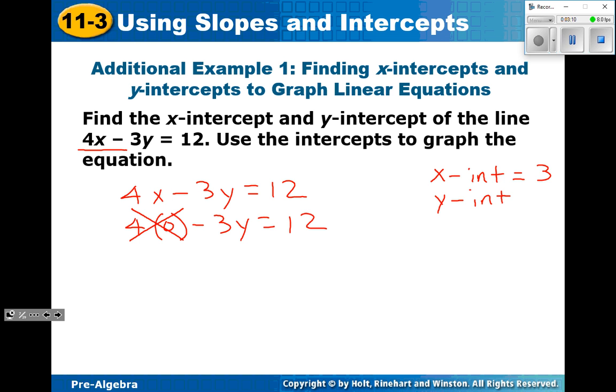Don't forget about the negative. So we've got negative 3y equals 12. Divide both sides by negative 3, and we've got y equals negative 4. So the y-intercept equals negative 4. Now that you have those two pieces of information, it will be very simple to graph this line.